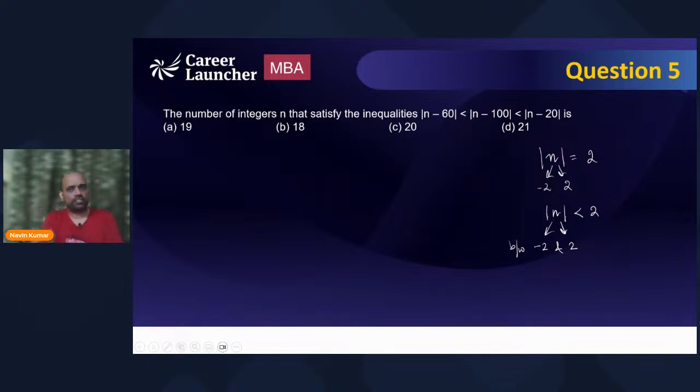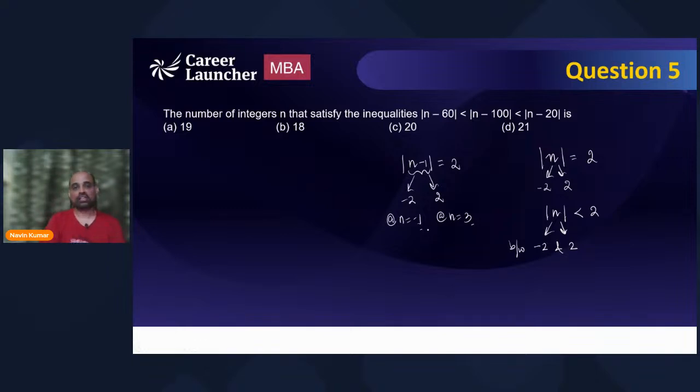If you move a little step more ahead, if I say |n - 1| = 2, so we are saying that n - 1 is going to be -2 or it is going to be 2. If n - 1 is -2, that will happen when n is -1. If n - 1 is 2, that will happen when n is 3. So these are the 2 values of n you will get.